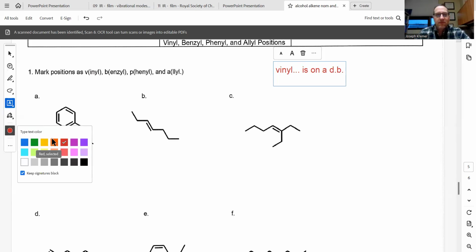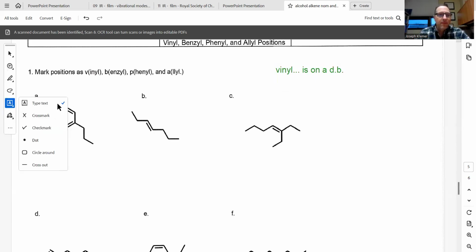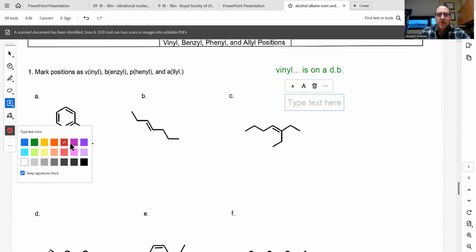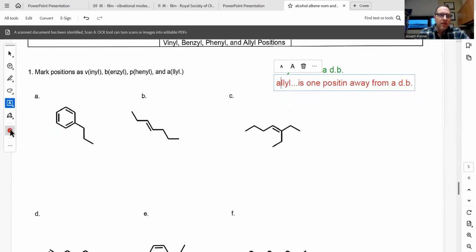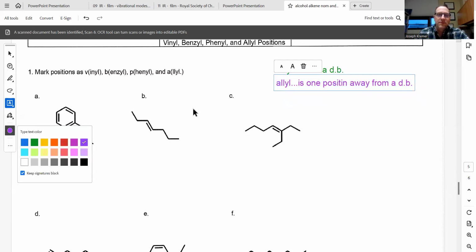Oh, sorry, I thought I could do that. I just have to type it again. Allyl is one position away from my double bond. So we'll mark the allyls all at once.